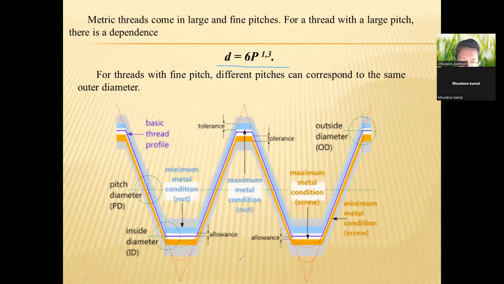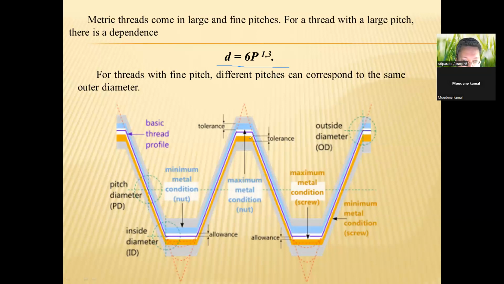What can we see in this figure? We can see the pitch diameter or middle diameter, the pitch, the diameter, and the angle.